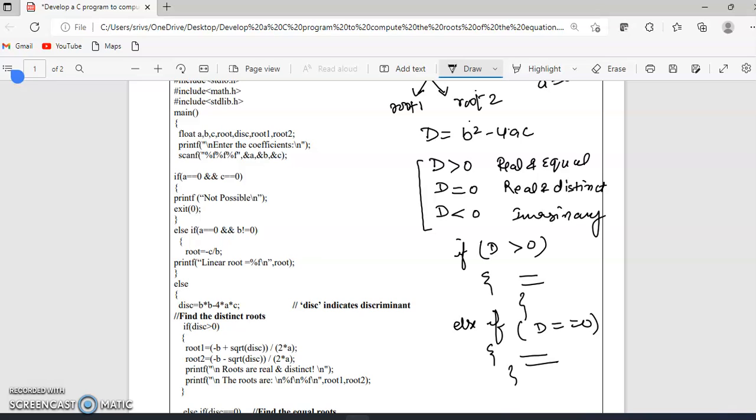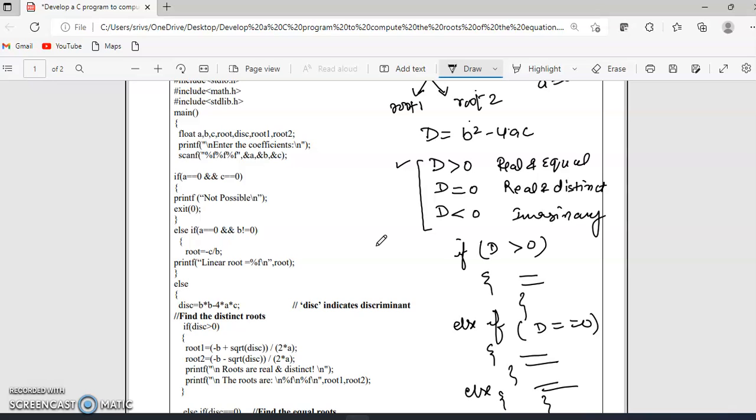Otherwise, by default, if this is also not true, it will go to the else part, and this else part will be imaginary roots. So this is the else if ladder. Here we will be applying the else if ladder and nested if else concept.